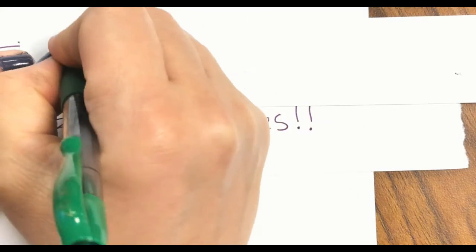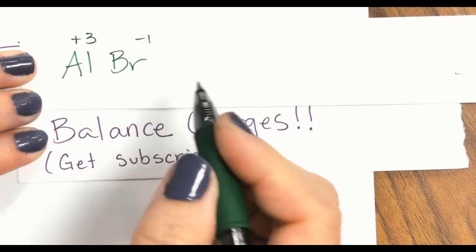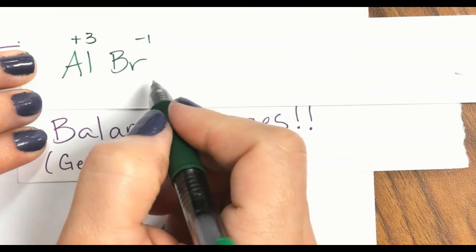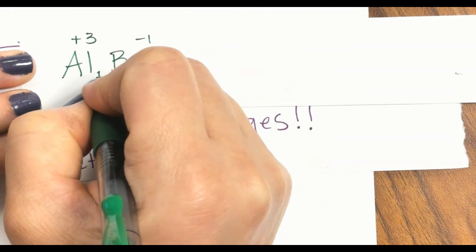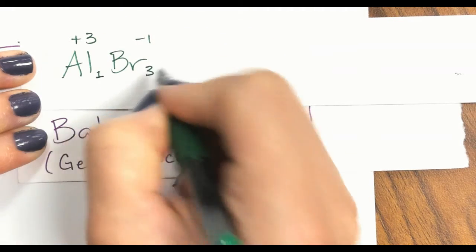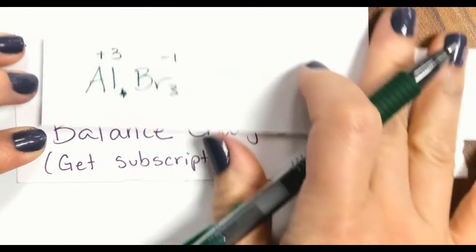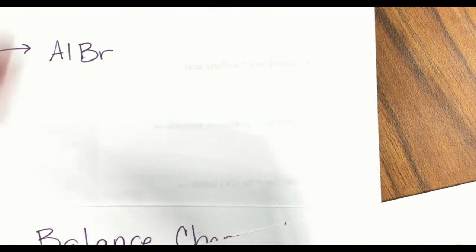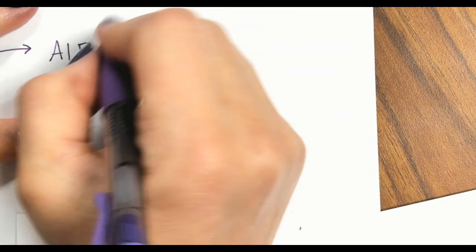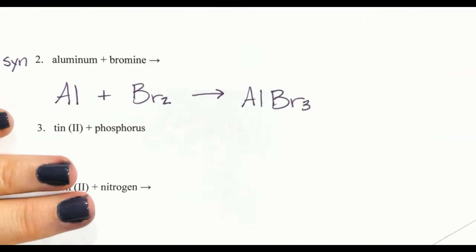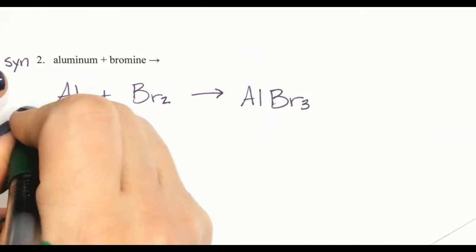So this is a +3, this is a -1. We're going to crisscross the charges. This will have a subscript of 1. This will have a subscript of 3. Of course, we don't write subscripts of 1, so it's just going to be AlBr3. So this should be written as AlBr3. Now that we have figured out our subscripts, we've got to balance the coefficients.